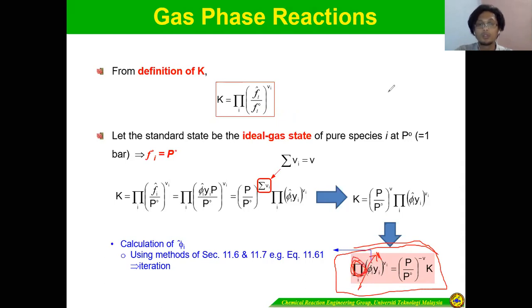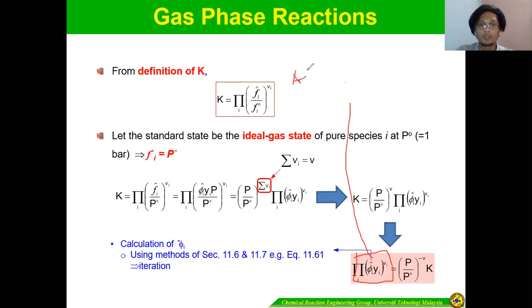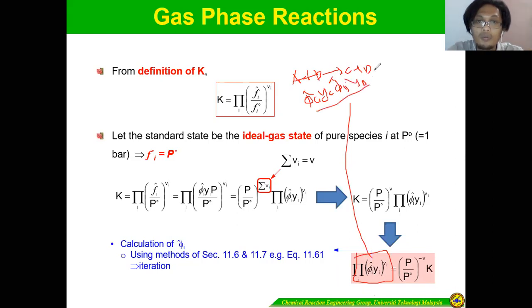If your reaction is A plus B equal to C plus D, this equation we can expand: phi C yC times phi D yD, divided by phi A yA times phi B yB.